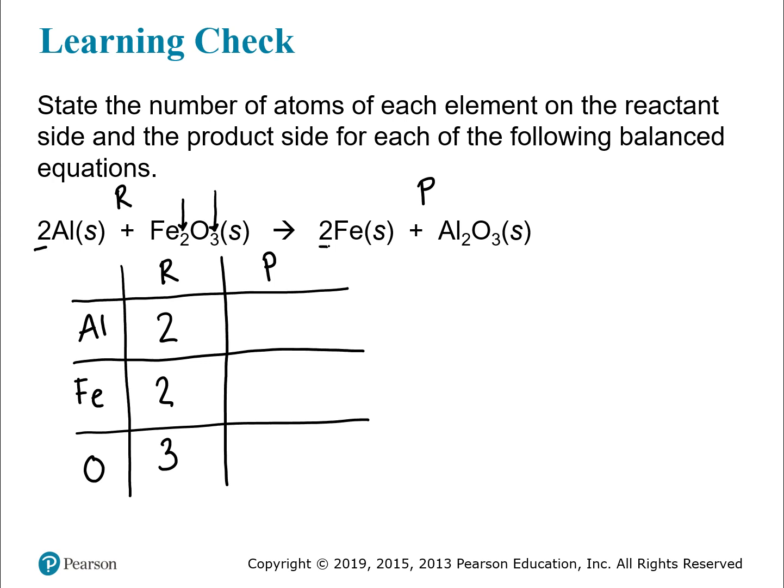We've got 2 irons, 2 aluminums, and 3 oxygens. This equation is balanced. And that's how you count the number of atoms of each element on each side.